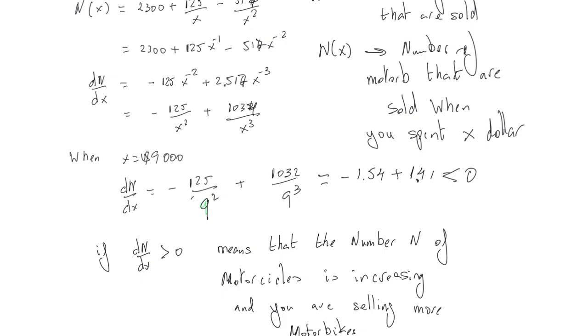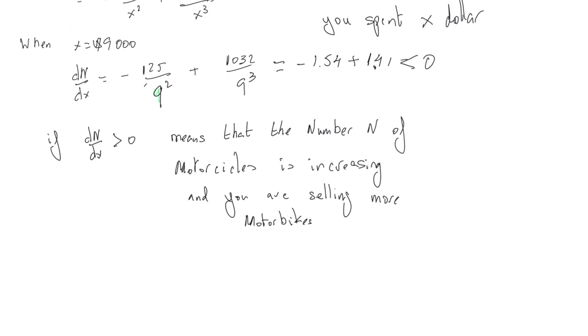If x2, the number of dollars that you spend, is bigger than x1, the number of dollars that you have spent, say you spend $10,000, that is bigger than $9,000.